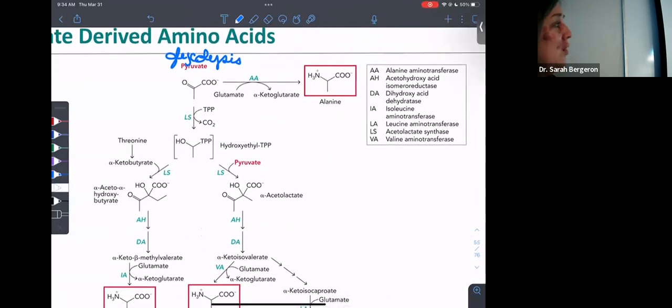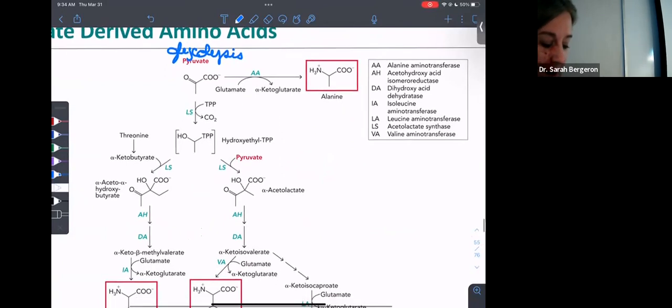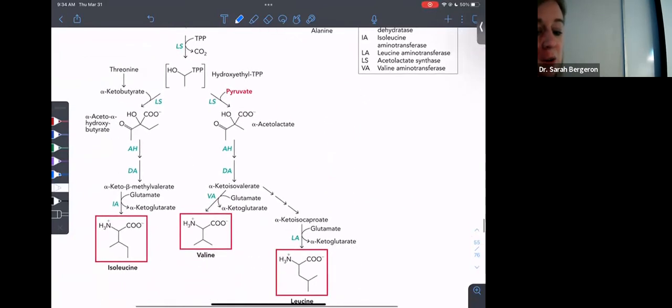Okay. So from glycolysis, we have pyruvate. Pyruvate, we can metabolize quite easily to make alanine, right? Pretty simple structure, not too bad. We can go through a couple more steps and make isoleucine, valine, and leucine. Remember when you memorized amino acids in Biochem 1? Leucine is very similar to isoleucine, right?